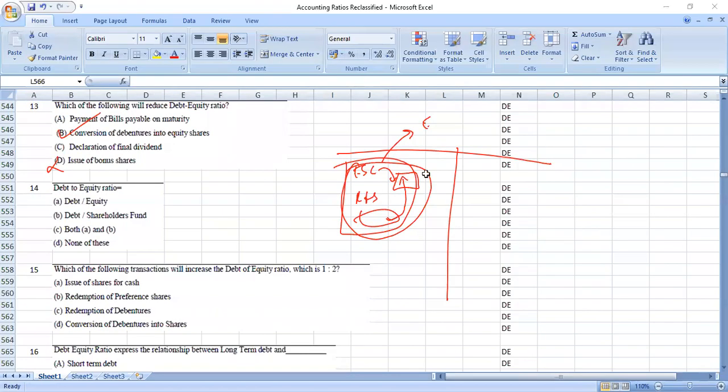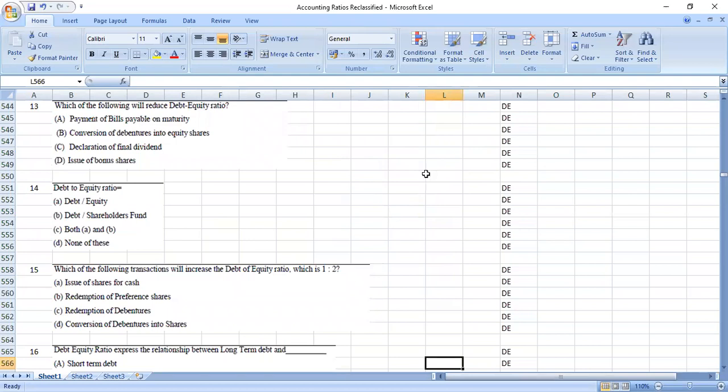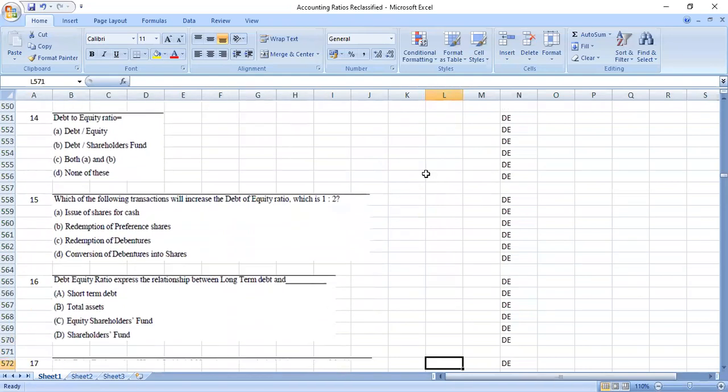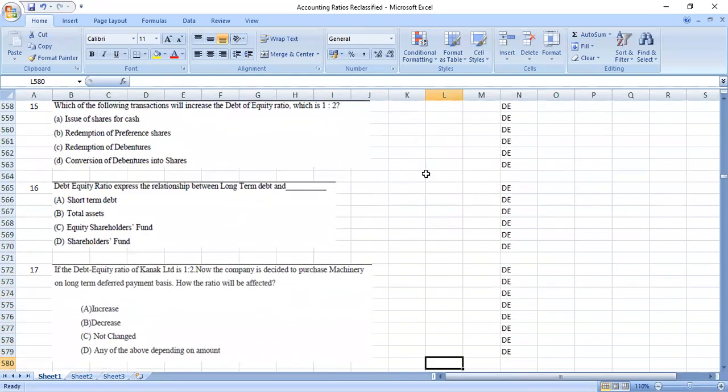Nice. Debt equity ratio, debt divided by equity. Which of the following transactions will increase the debt equity ratio? Which is 1:2. Okay. Issue of shares for cash. When you issue shares for cash, what happens? Equity will increase, so obviously it will decrease the ratio.